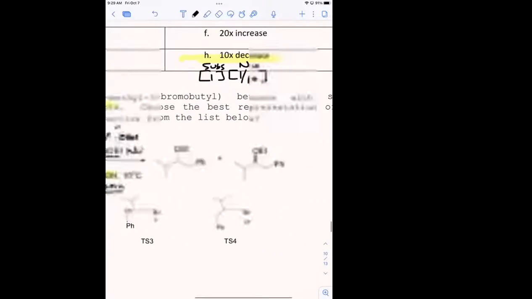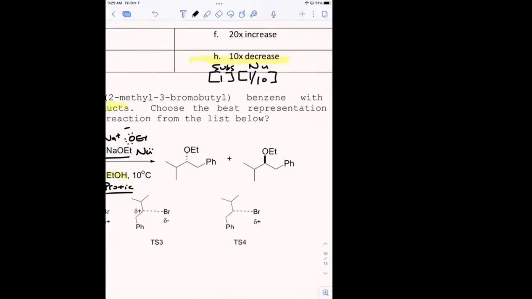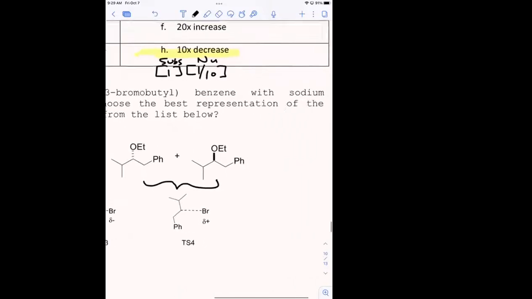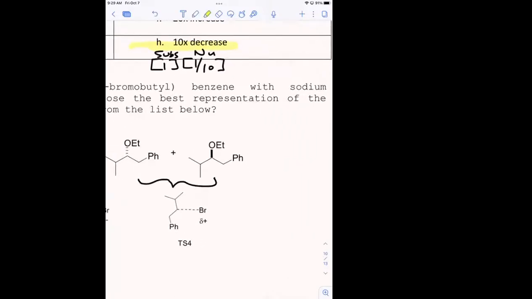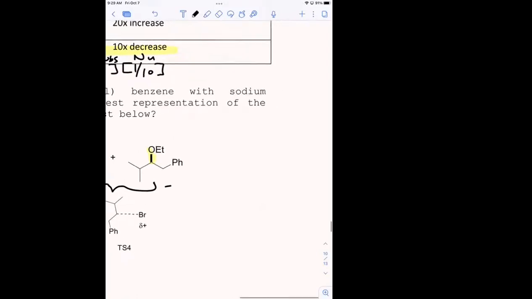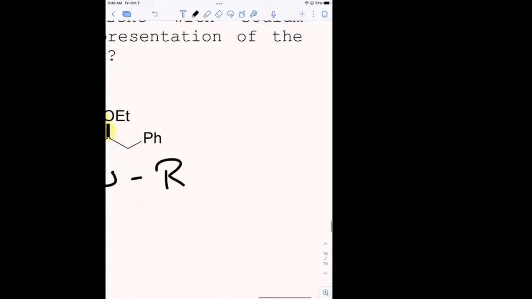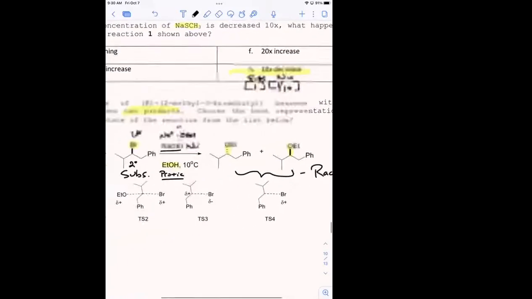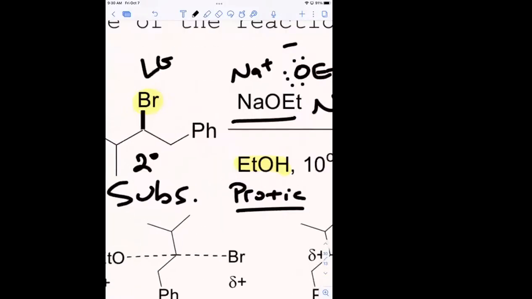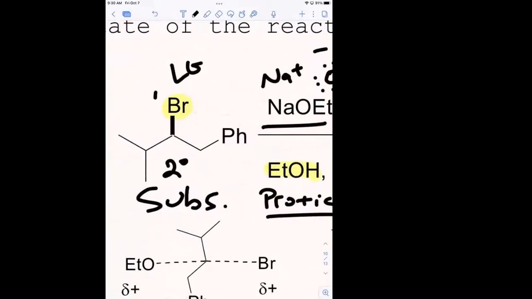Another giveaway for SN1 is here, right? If you notice in the product, you got two products. You got both stereoisomers, R and S, in the same amount. So this is racemization, right? You started out with, let's see if we can figure that out right quick. That's 1, that's 2, that's 3.